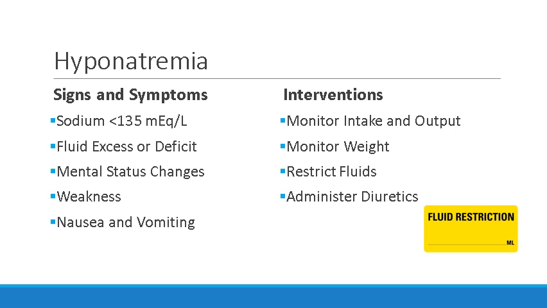Interventions. So what we're going to do for nursing interventions, usually these individuals will get saline IV infusions. We're going to monitor their intake and output, monitor their daily weight, restrict fluids because we want to get their sodium levels to rise.